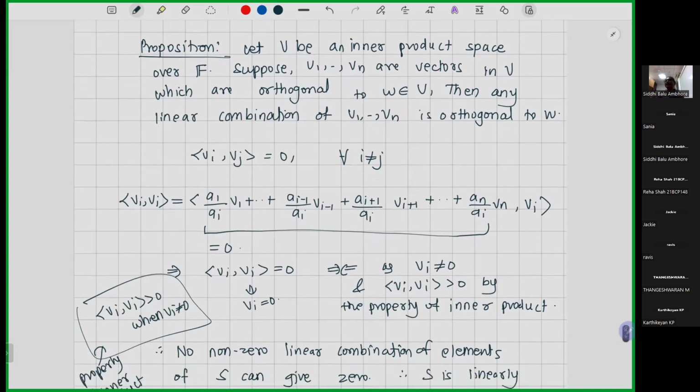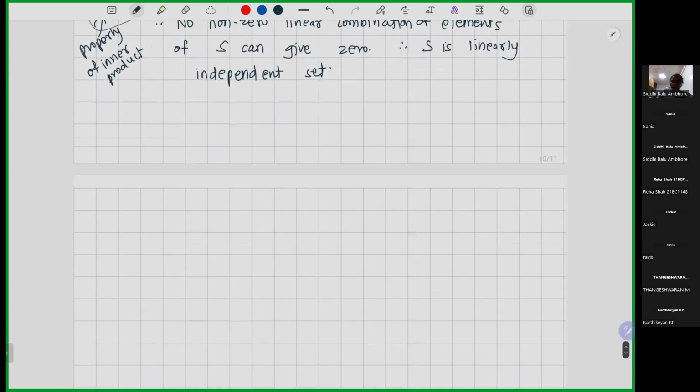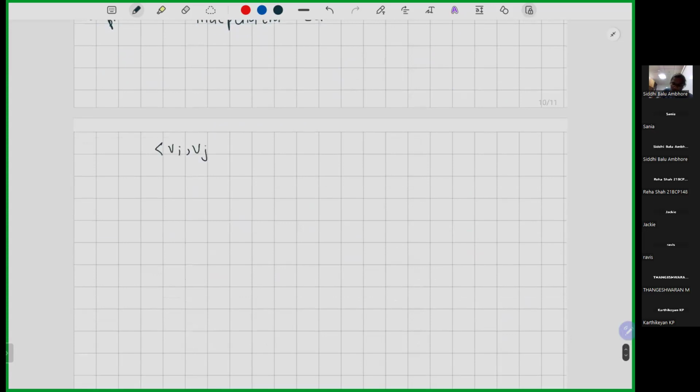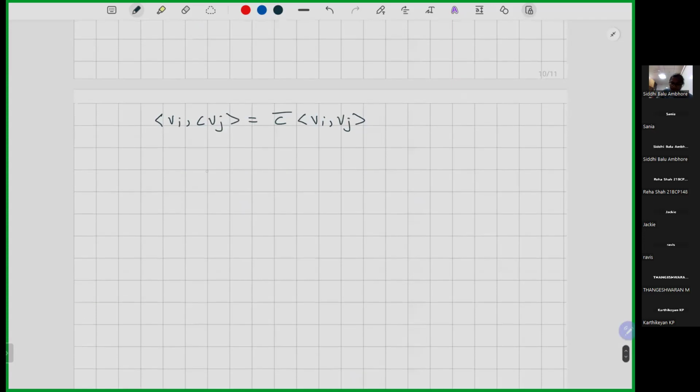But if we do this, then we don't need to do the inner product. Why we were talking about conjugates is because if we do Vi comma cVj, it is c conjugate into Vi comma Vj. This is the property. What we had written here, let me just write the first two terms: Vi comma A1 upon Ai V1 plus A2 upon Ai V2.